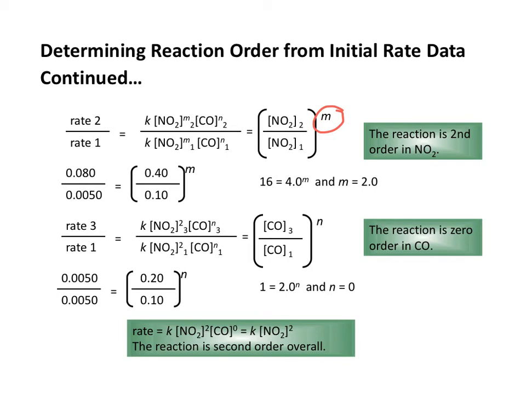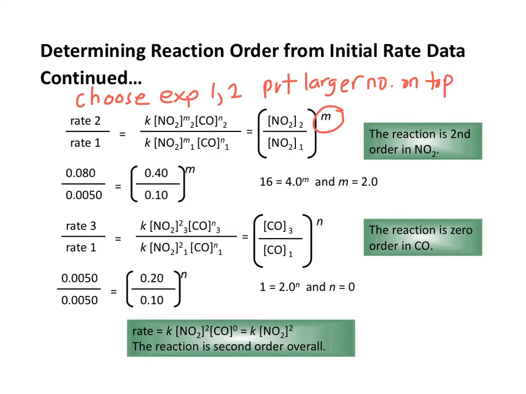So again, we would choose experiments 1 and 2, and we're going to put the larger number on top. So 2 goes on top, and we have these numbers here.